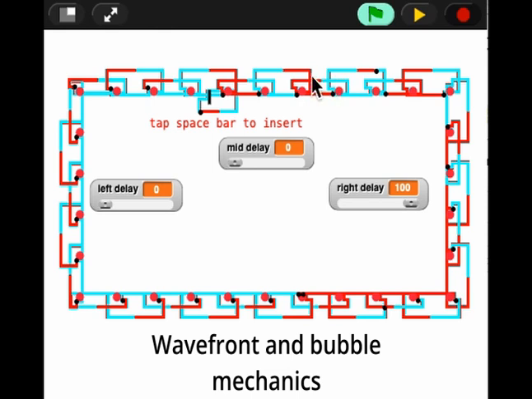This will become red-blue, and this will become a red bubble into which this blue wavefront will flow. And this will become blue-red, and this will become a blue bubble into which this red wavefront will flow. And so on. So that's how bubbles flow around wavefronts, right? They flow through the closure network, around the wavefronts.